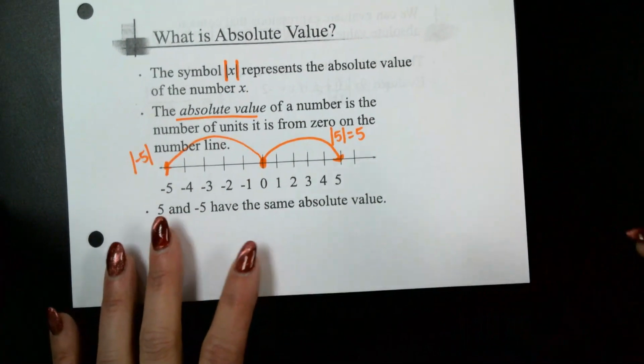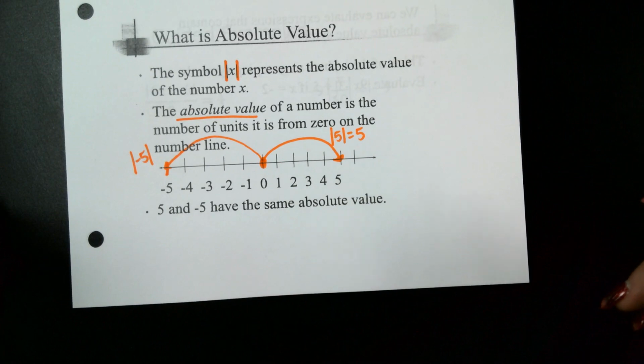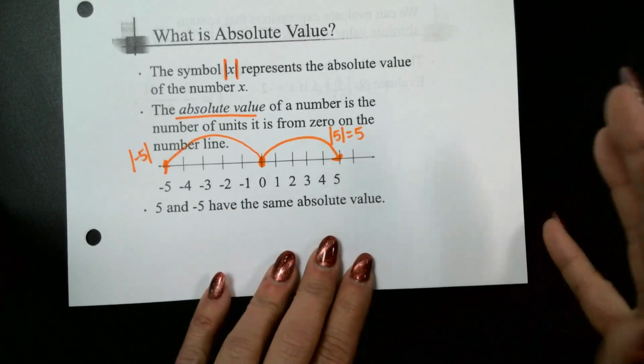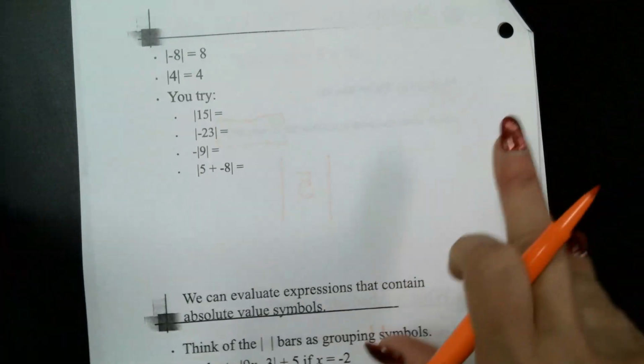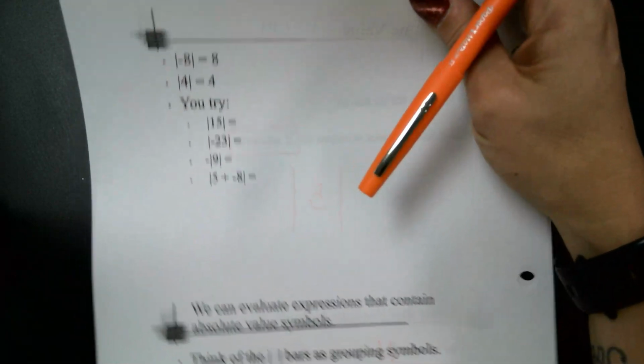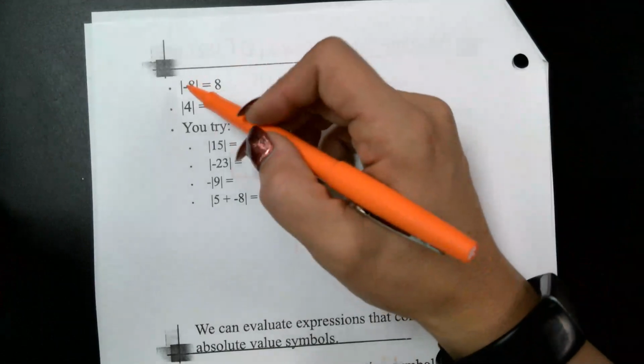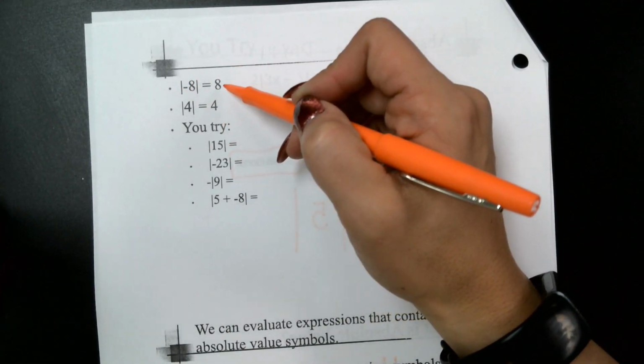So that was just the example they showed. It said 5 and negative 5 have the same absolute value. Go ahead and turn the page. And we're going to just practice some absolute value problems here. They went ahead and told you the absolute value of negative 8 is 8.